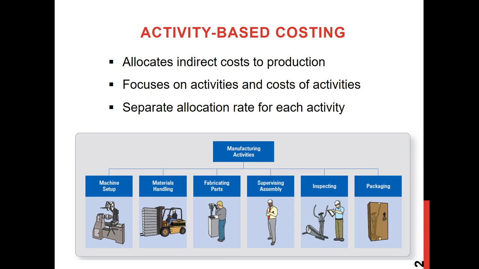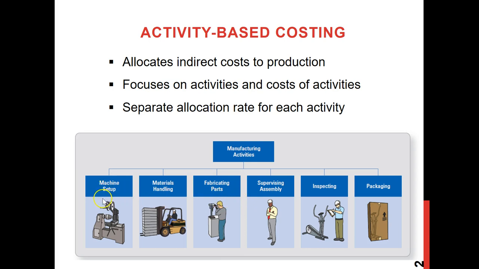So instead of using one plant-wide rate or even department-specific rates, we can classify the production process into different activities. For example, in this example you will see that to produce one product, they have different activities.